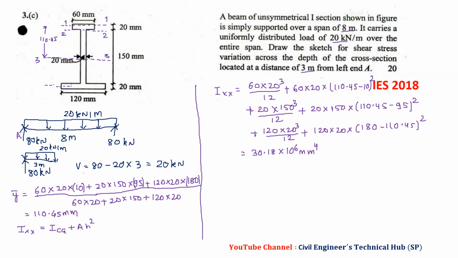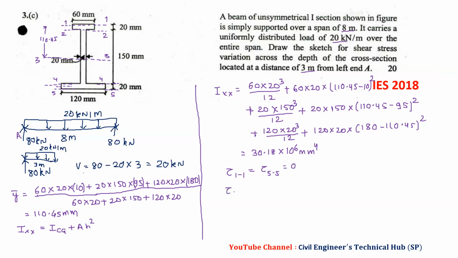Then we have 4-4 and then 5-5. At 1-1 and at 5-5 we do not have area above and below, so tau 1-1 equals tau 5-5 equals 0.